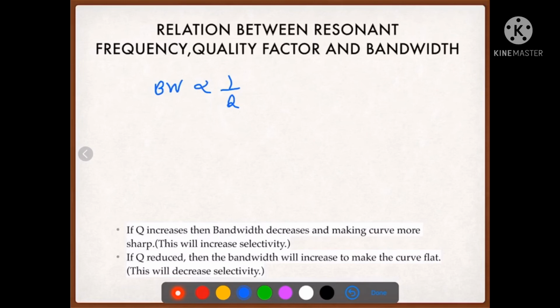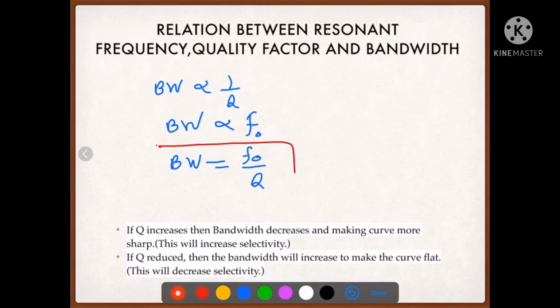Then if we talk about the frequency, bandwidth is directly proportional to the frequency, that is your F naught. So bandwidth is directly proportional to this and inversely proportional to the quality factor. This is going to be your final formula for the relation between the resonant frequency, quality factor and bandwidth.